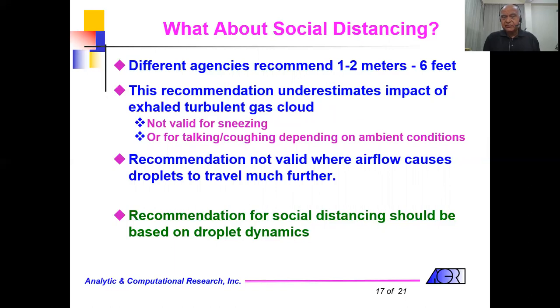It's also not valid for talking or coughing, depending on ambient condition, as you have seen. So this recommendation is definitely not valid where airflow causes droplets to travel much further. So what we feel is that the recommendation for social distancing should be based on droplet dynamics, but of course that's much more situation specific and much more complex.